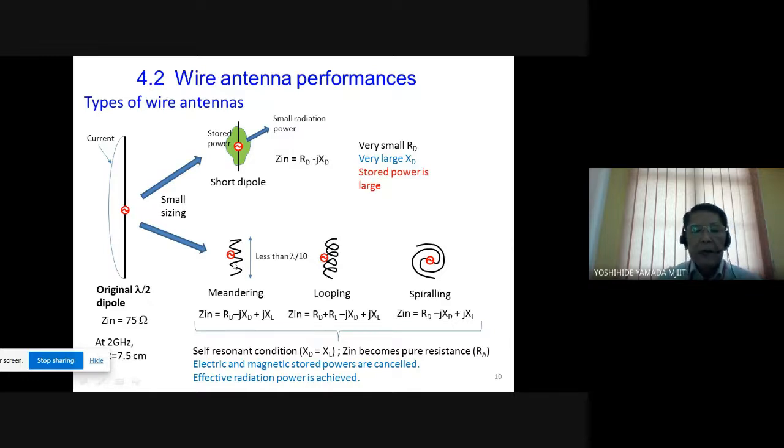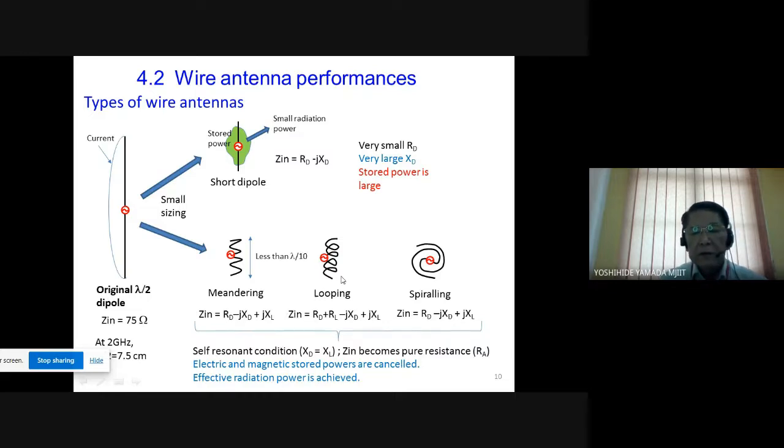So by meandering, the input impedance becomes like this. In the meander line, inductive reactance appears. So by designing this inductance and the capacitive reactance, we can achieve self-resonance. This reactance part can be cancelled out, and we can achieve only the resistance.